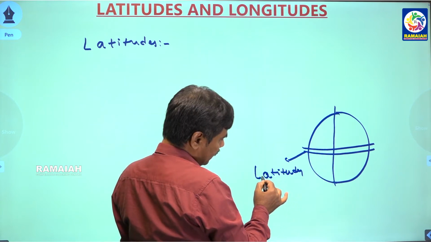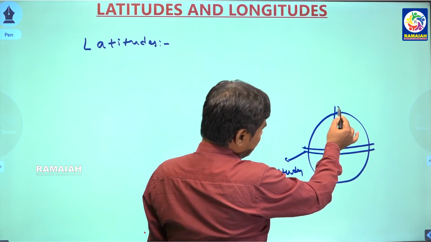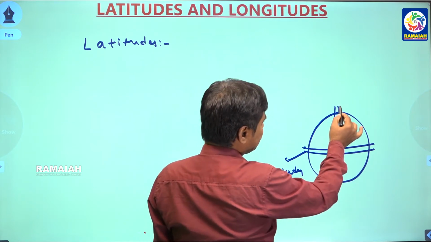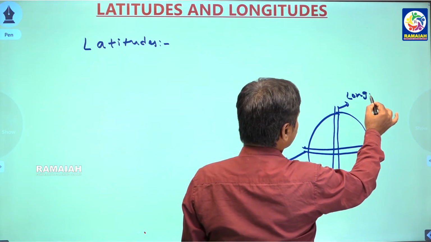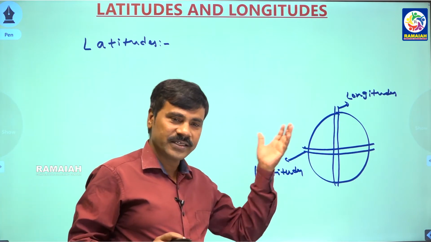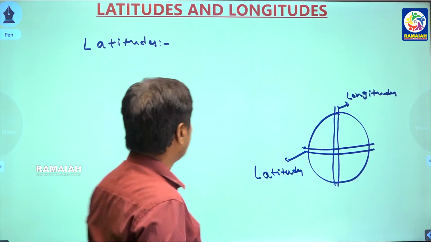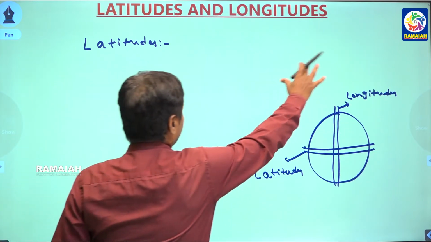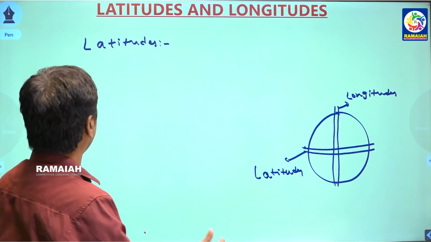These are the latitudes, drawn on the earth surface as horizontal lines. The vertical lines drawn on the earth surface are called longitudes. So latitudes are drawn horizontally and longitudes vertically. They are all imaginary lines, drawn on the globe only.